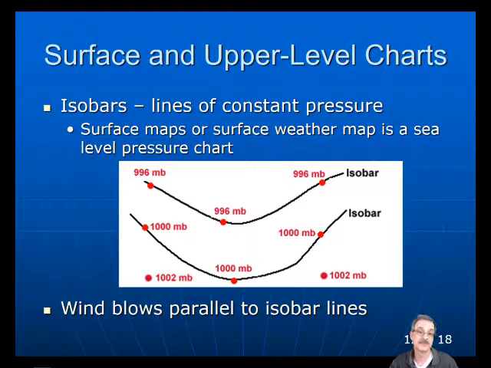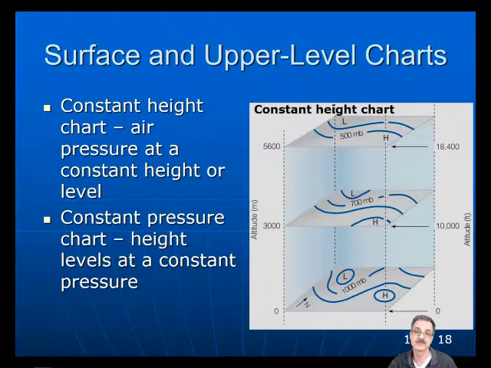And so basically they connect the dots of all the stations that have the same pressure. Okay, and a rule of thumb is wind blows usually parallel to these isobar lines. It will blow in this direction or this direction here in the isobar lines, especially if you're in an upper level pressure chart more than in a lower level pressure chart.